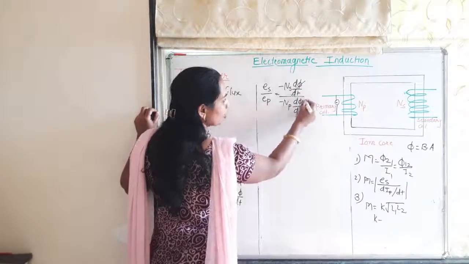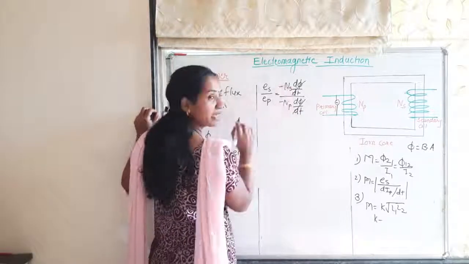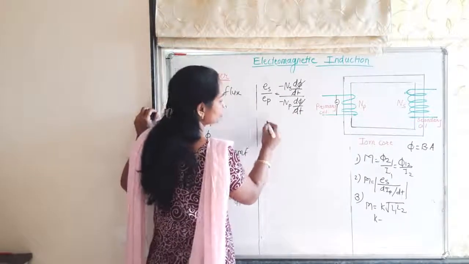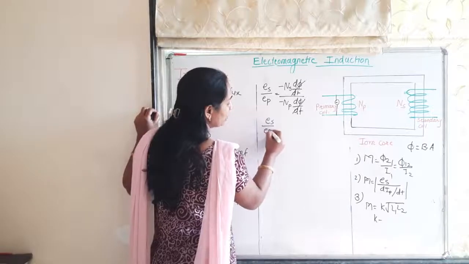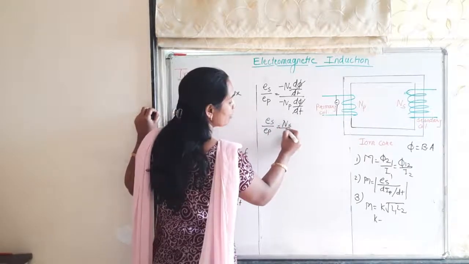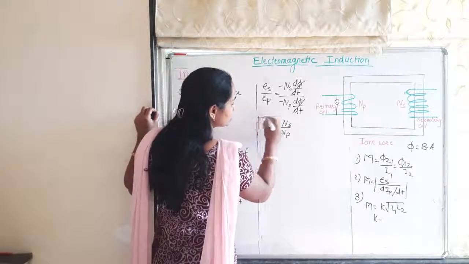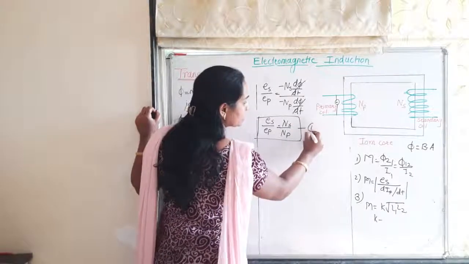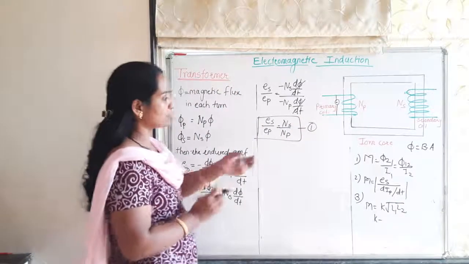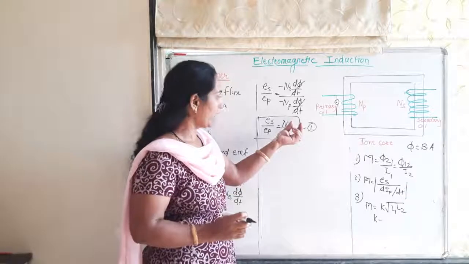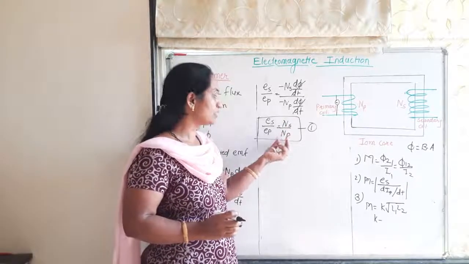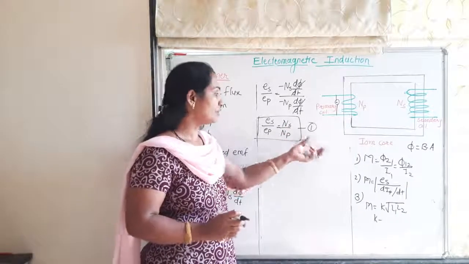This is the same quantity, so it cancels, minus minus gives plus, so Es upon Ep is equal to Ns upon Np. This is the first equation, called the transformer equation, and Ns upon Np is called the turns ratio of a transformer.